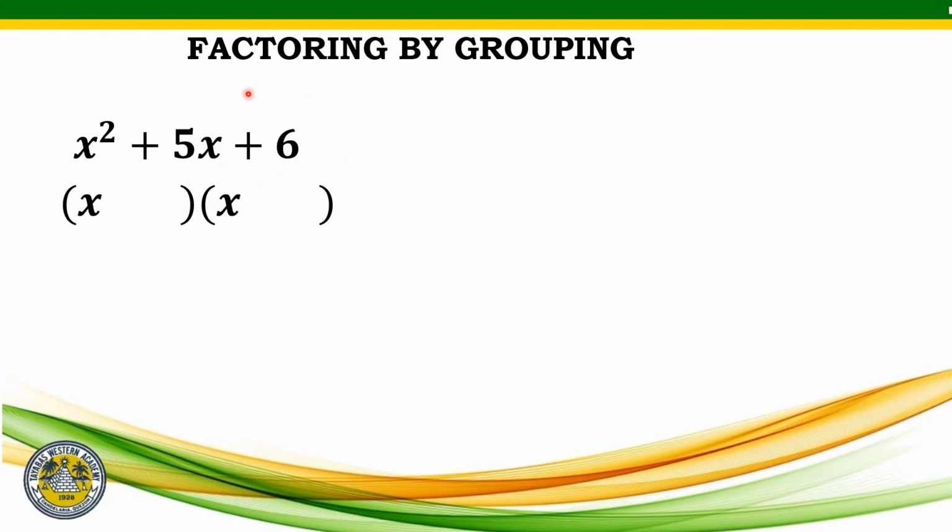Kailangan nating ma-identify ang mga possible factor ng positive 6 na kapag pinag-add, ang sagot ay positive 5. So, ililist natin lahat ng possible factor ng positive 6. So, meron tayong 2 and 3, 1 and 6, negative 2 and negative 3, negative 1 and negative 6.